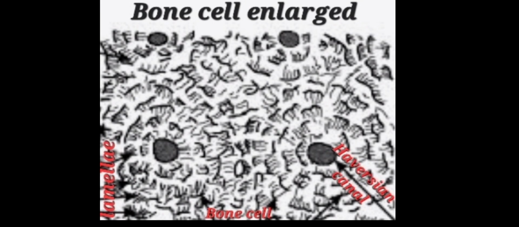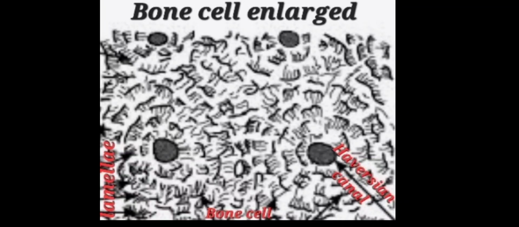The main difference between a cartilage and the bone is that the cartilage does not contain blood vessels and nerves, but bones do contain blood vessels. The matrix is found in concentric rings around a central canal, which is called the Haversian canal. Bones support and help in movement.